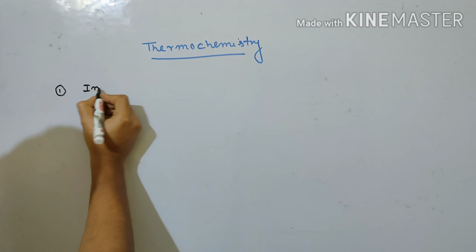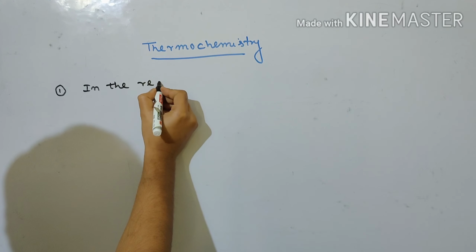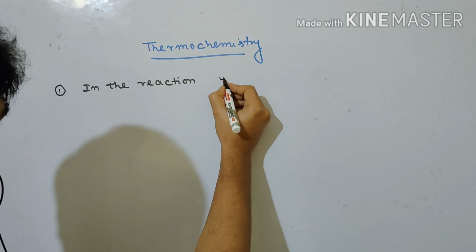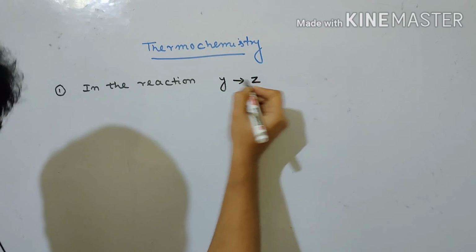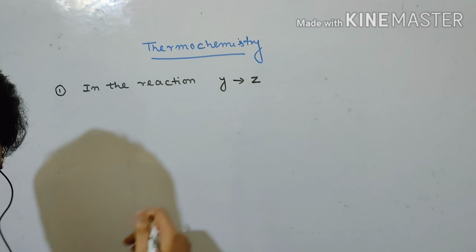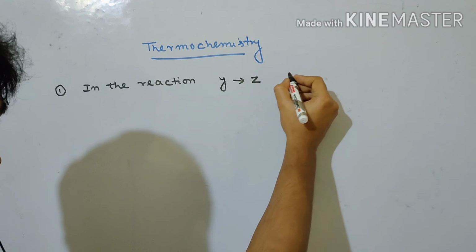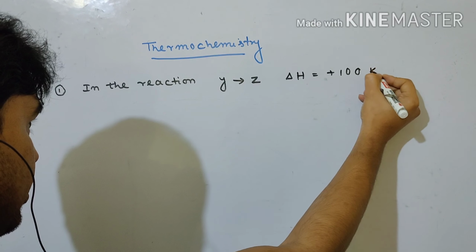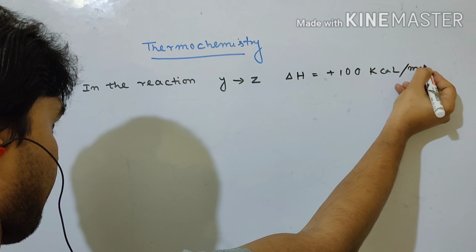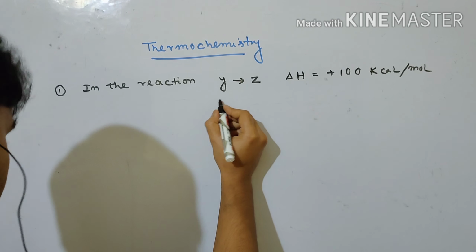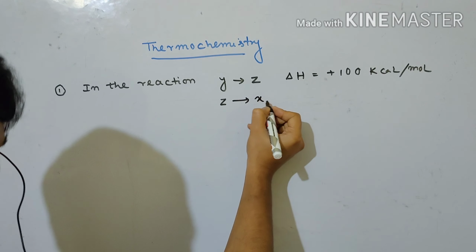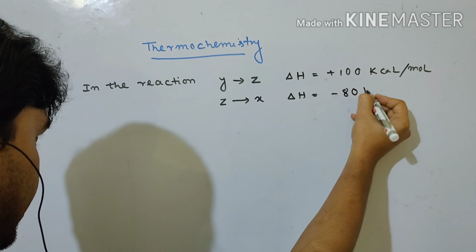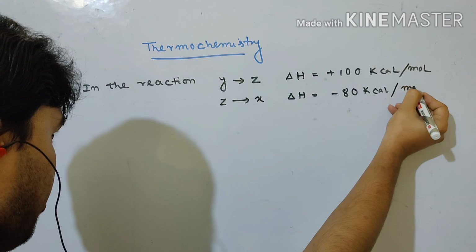In the reaction Y converts to Z, delta H is given as plus 100 kilocalorie per mole, and for the reaction Z goes to X, delta H is given as minus 80 kilocalorie per mole.